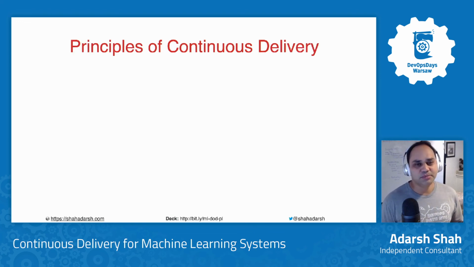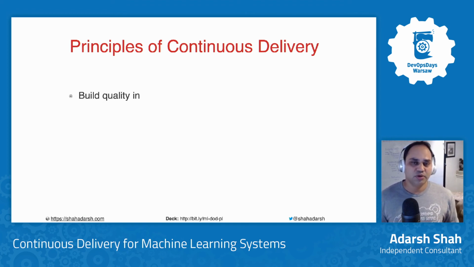What are the principles of continuous delivery? The first one is build quality in. According to Edward Deming, one of the key figures in the lean movement, who offered 14 principles of management, the second principle says: cease dependence on inspection to achieve quality. Eliminate the need for inspection on a mass basis by building quality into the product in the first place.